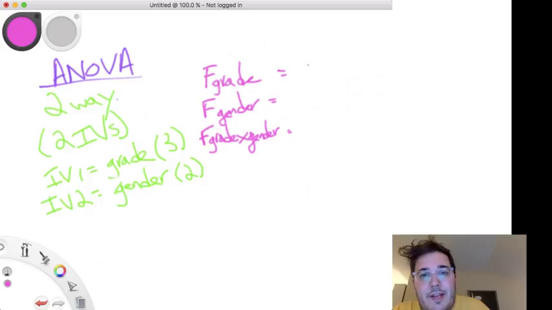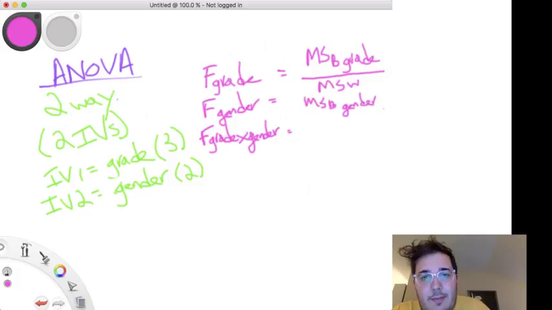What that means is you need a mean square between for grade divided by mean square within, which will be the same. You need a mean square between for gender divided by mean square within. And then you need a mean square between for the interaction.